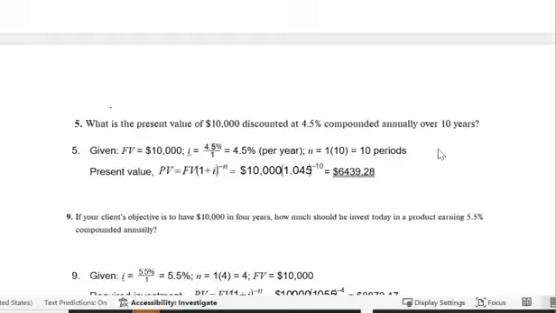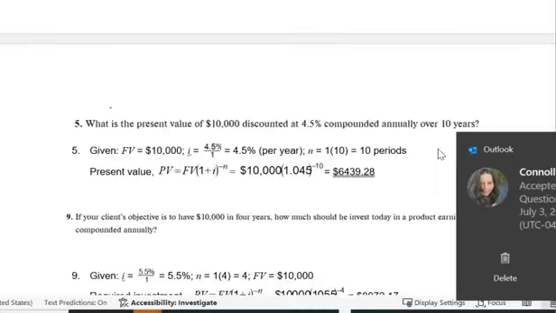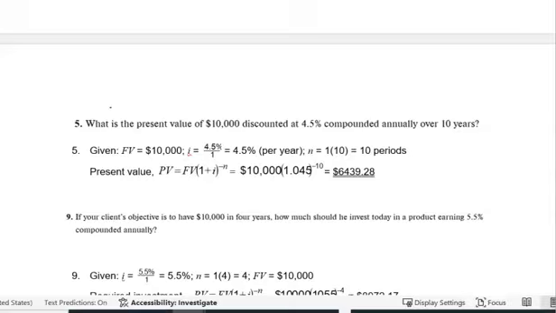So we look at the question, what is the present value of 10,000? Okay, so we know future value equals 10,000. We know that it's discounted, or the interest rate is 4.5% compounded annually. Okay, so we know that J is the 4.5%, but where it's compounded annually, we're only dividing that by 1 to get our I. So we know our interest rate is also 4.5% per year.